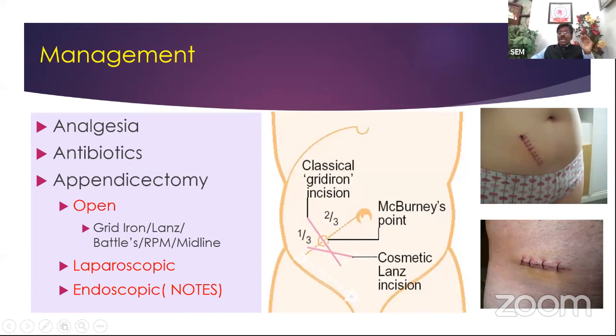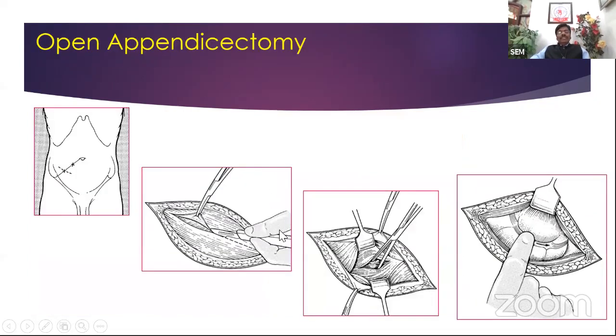What is NOTES? Natural orifice transluminal endoscopic surgery. It is all done with a flexible endoscope going through the mouth. If you know that, well and good. People interested, go and read about NOTES appendicectomy on the net. This is what you should know as an undergraduate.